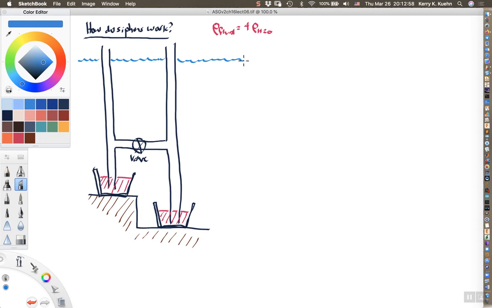Instead, the weight of the water is pressing down on the surface of this fluid and pushing it up into each of these tubes. So I'm going to draw the level of this fluid in each of these tubes. This unknown fluid gets forced up into this tube to some height, and also it gets forced up into this tube to some height.